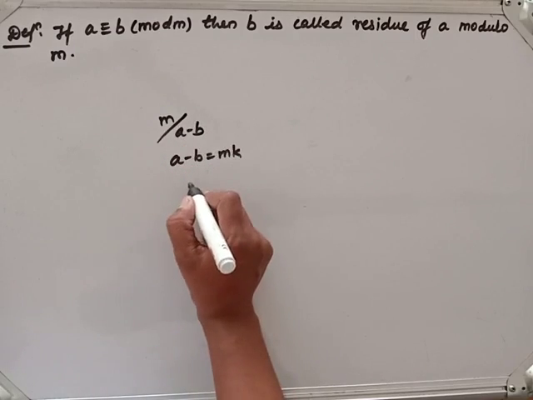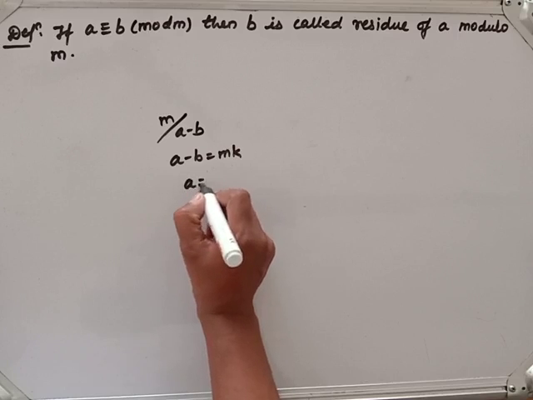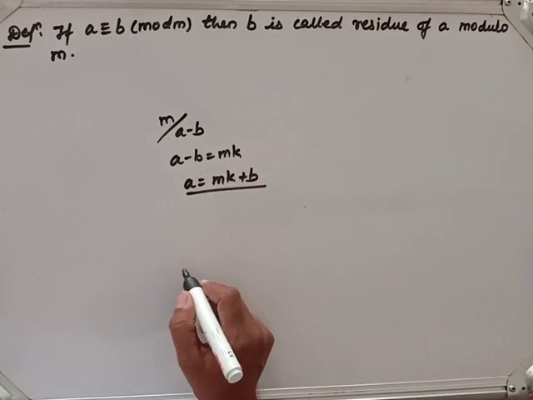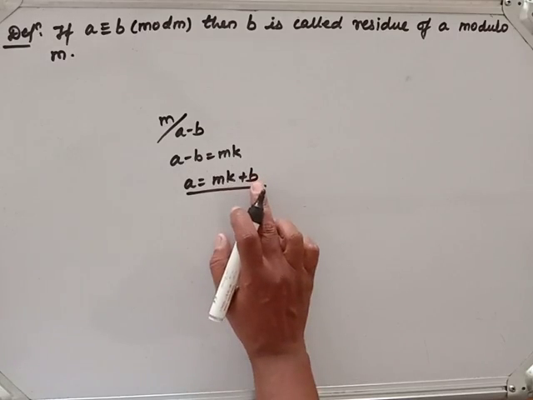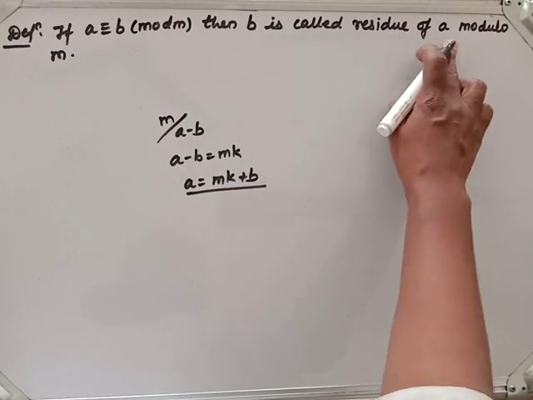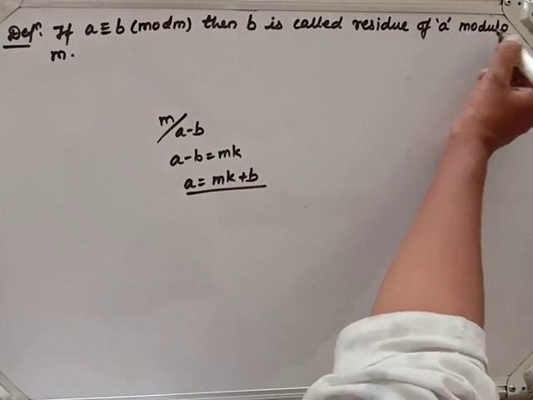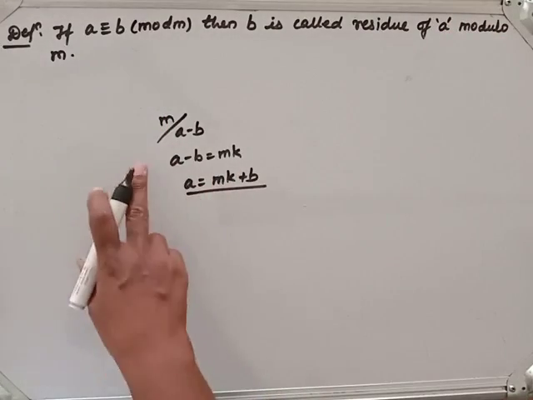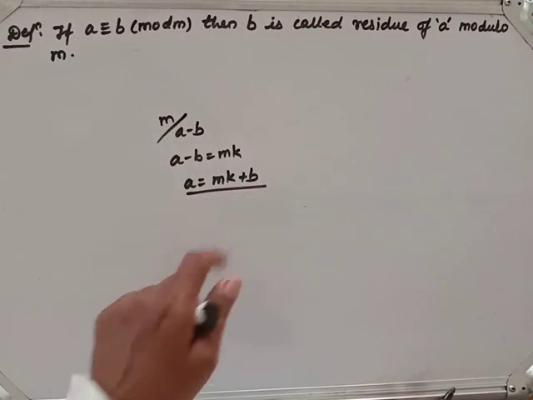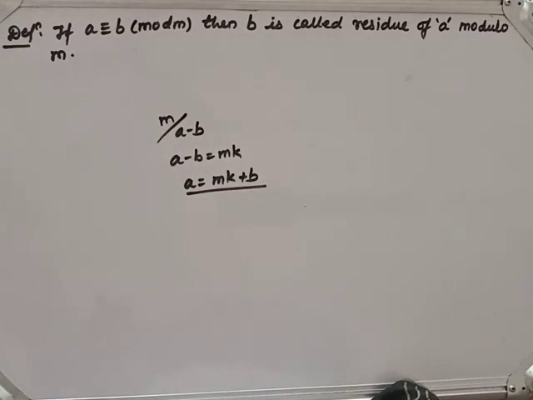Fine. Therefore A is equal to M into K plus B. So if we compare this with the division algorithm, then we get this B is the residue or the remainder, you can say. So this B is called the residue of A modulo M. When we divide by M, we get the remainder B. A will be the dividend, M is the divisor, B will be the remainder, and obviously K is the quotient here.